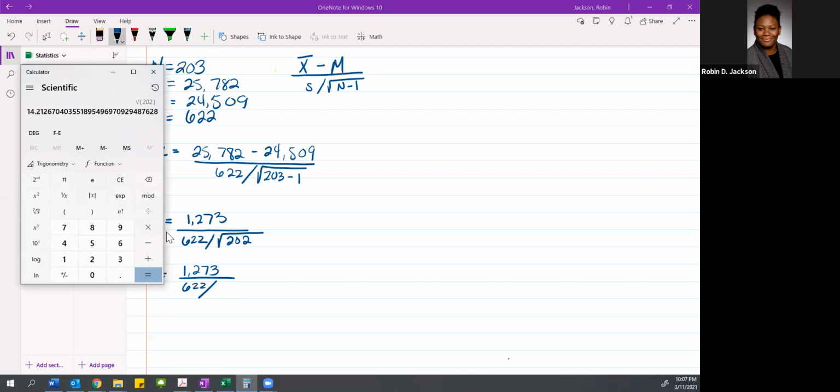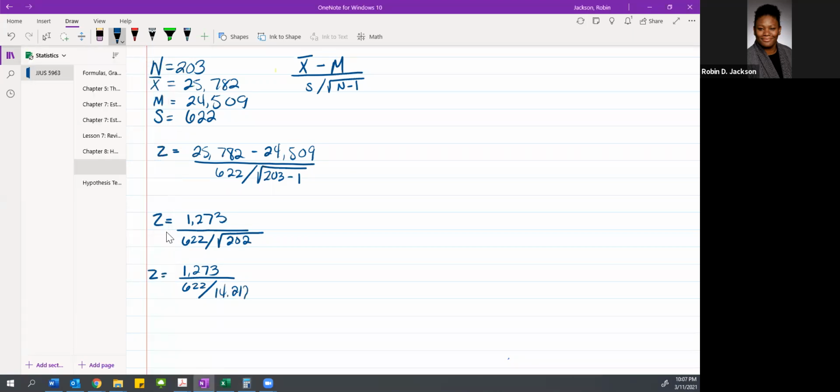I think when I tested this out, I got the same answer using the 3rd decimal place, but for this, I'm going to go to the 4th decimal place. All right, so it's going to be 14.212, then we have 6 as our 4th number, but that 6 is followed by 7. So it's going to be 14.2127. All right.